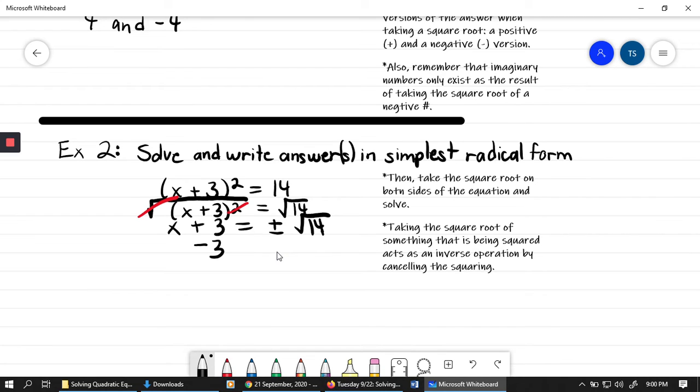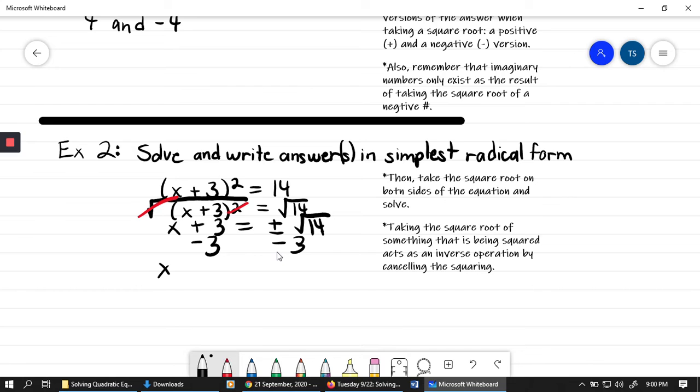Even if you don't realize that the positive square root of 14 and negative square root of 14, again, it's a real number. It may look different than what you're used to, but it's just two versions of the same answer, but it is just a number.